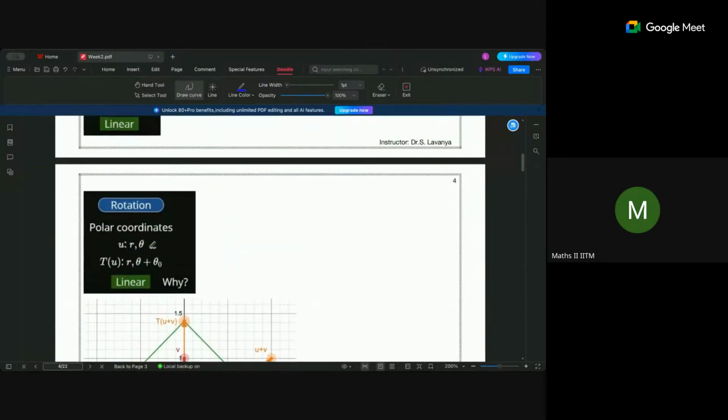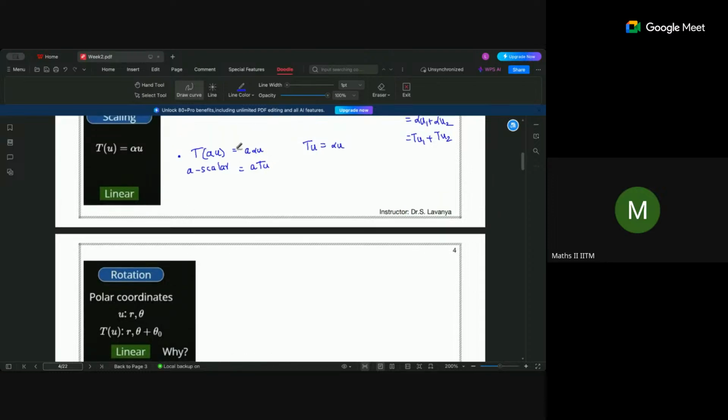Okay, so now for rotation, how to check linearity, additivity and scalar multiplication. First of all, this property will not get affected by rotation. Are you able to visualize clearly? Suppose you have some vector v. Now you are going to rotate this vector.